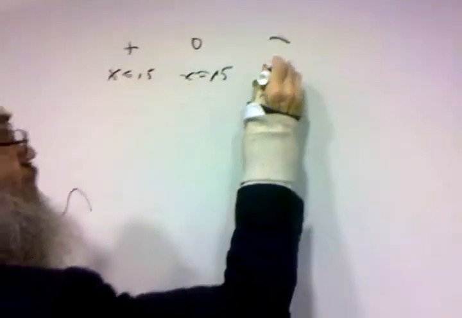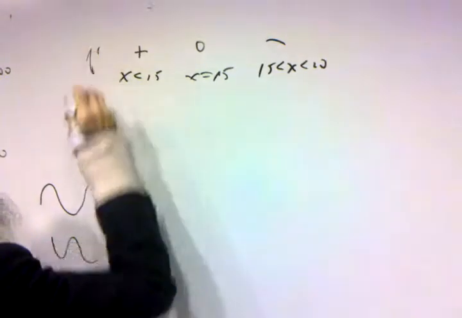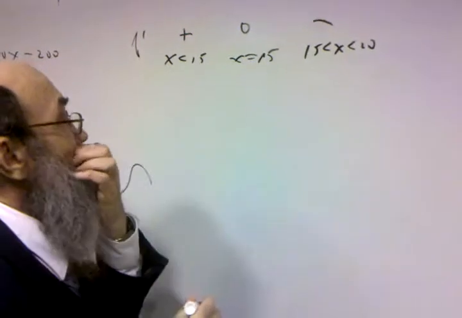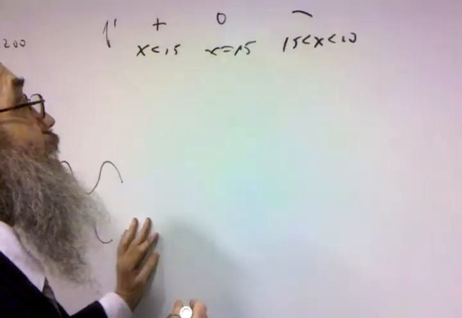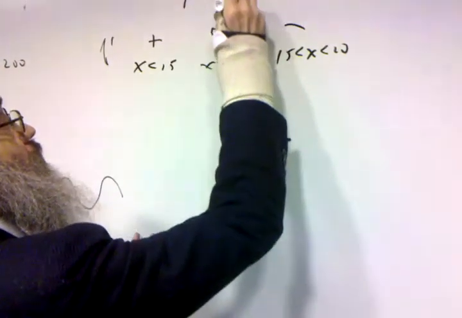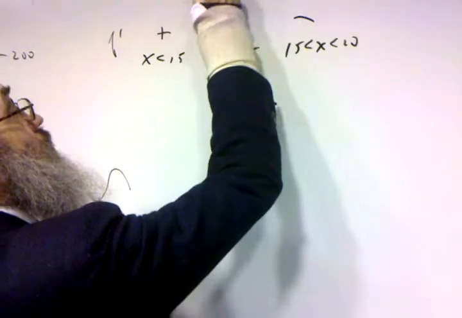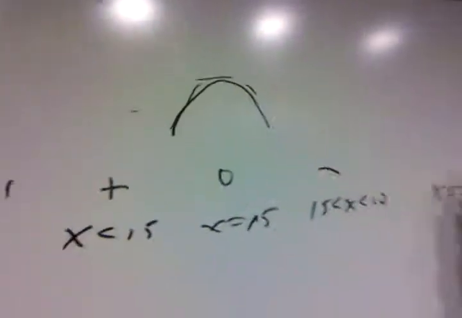So for 15 less than x less than 20, the first derivative is negative. The first derivative goes positive, 0, negative. That is the sign of a maximum. Then once x equals 20, it's 0 again.